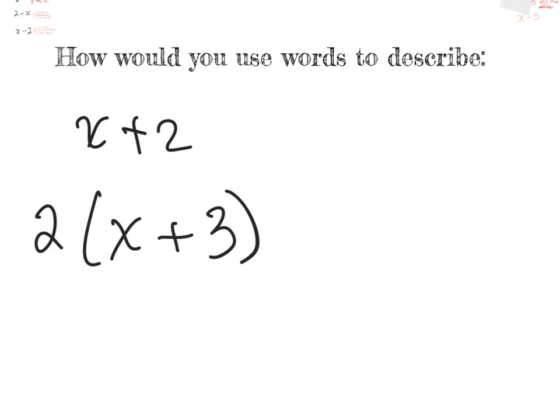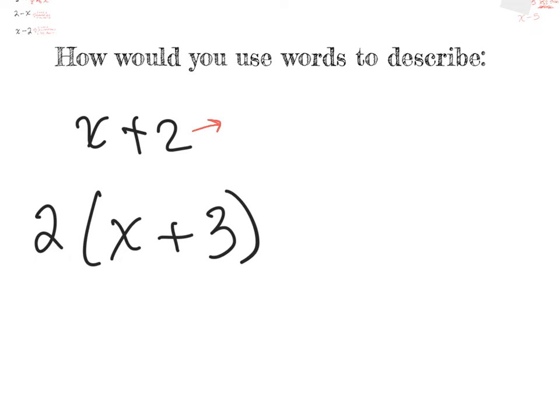How would you describe x plus 2 using mathematical words? Something to do with the sum. Yes, it is something to do with the sum. The sum of what 2 numbers? X and 2, yes, or 2 and x.